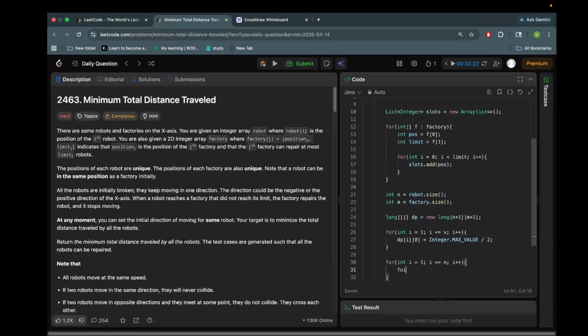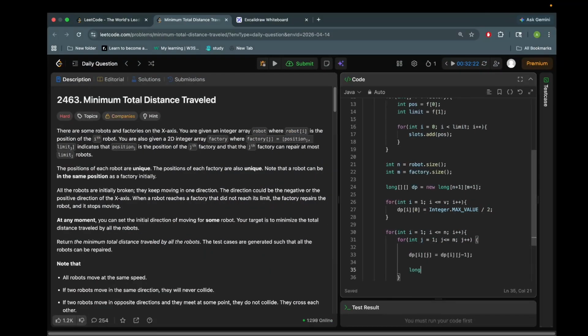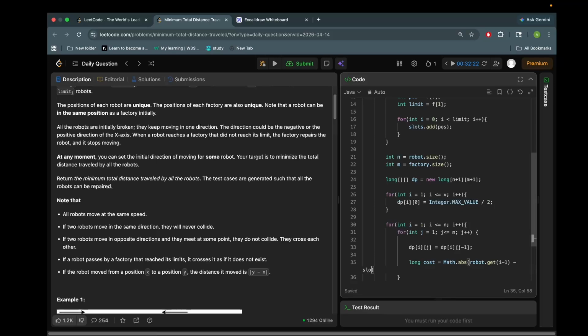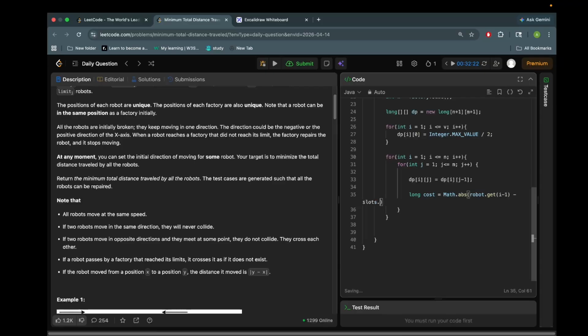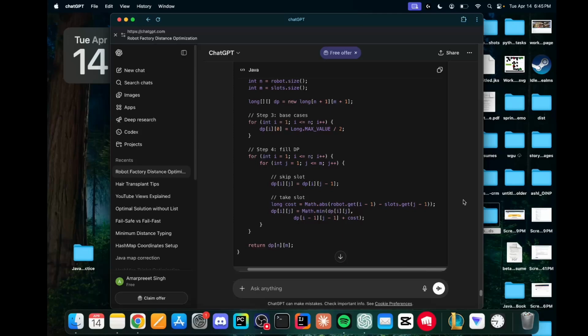Then we check for j equals 1, j less than or equal to m, j plus plus. dp[i][j minus 1], and long cost equals Math.abs of robot.get(i minus 1) minus slots.get(j minus 1). Then dp[i][j] equals min of dp[i][j minus 1] and dp[i minus 1][j minus 1] plus cost.